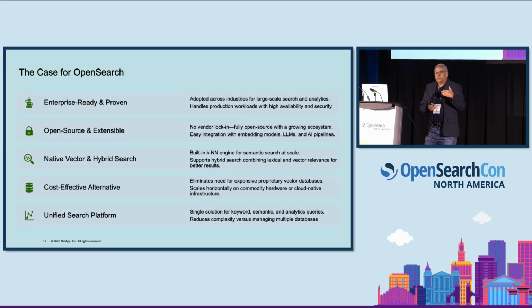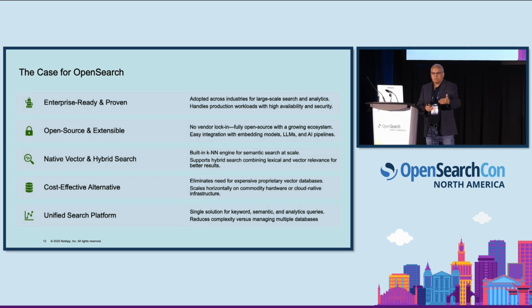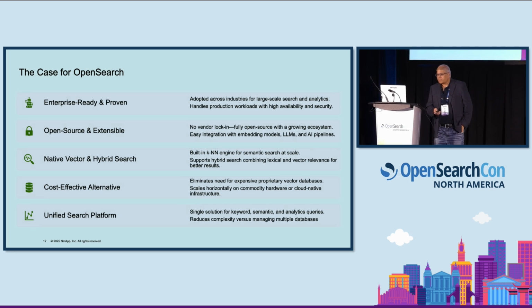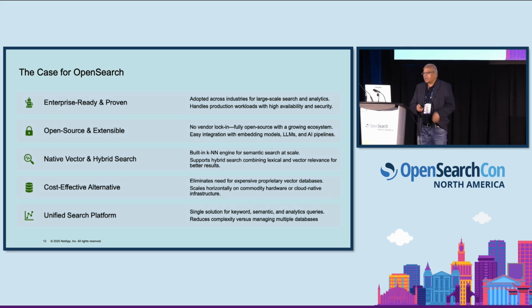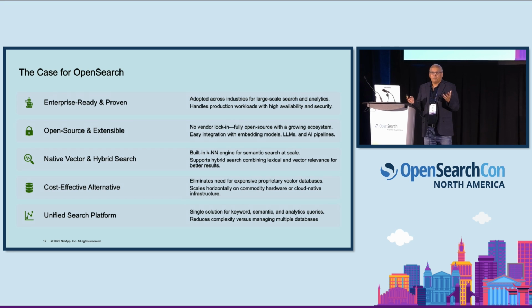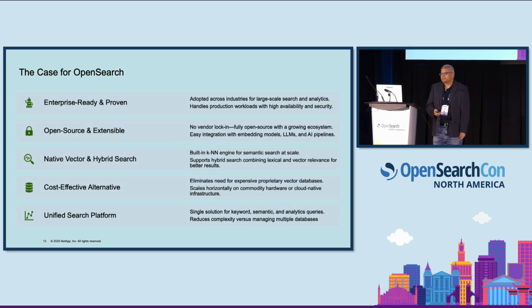Plus, you don't have to use an external vector database, which is another thing saving you cost. And again, you have a unified search platform. With OpenSearch, you can do keyword search, semantic search, and analytics.